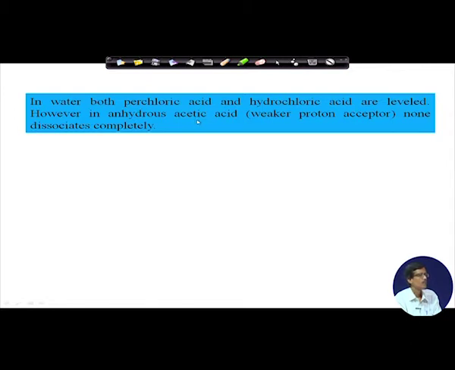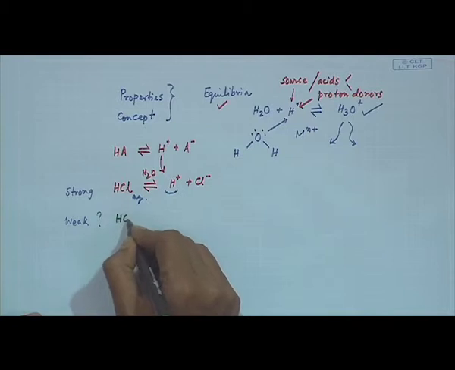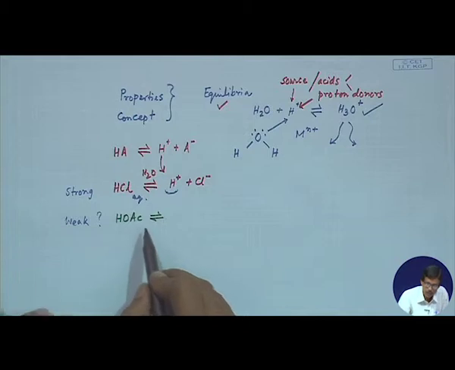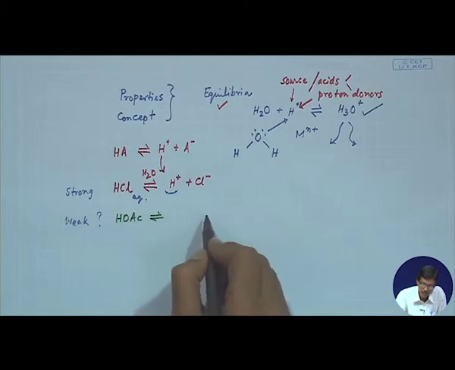But if we think of anhydrous acetic acid, acetic acid itself can also function, because wherever you have oxygen and hydrogen. In acetic acid medium, this is, we all know, a weaker proton donor, so we consider acetic acid a weak acid. This equilibrium does not move very far towards the right-hand side.